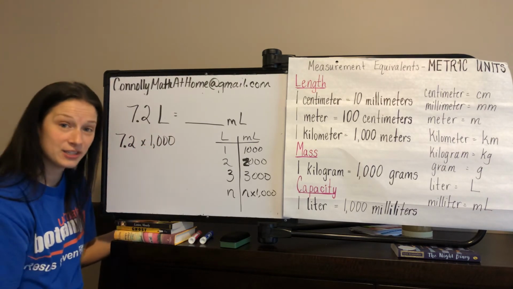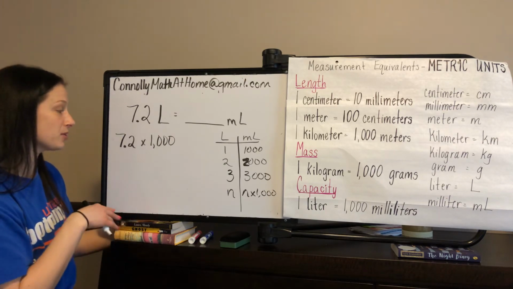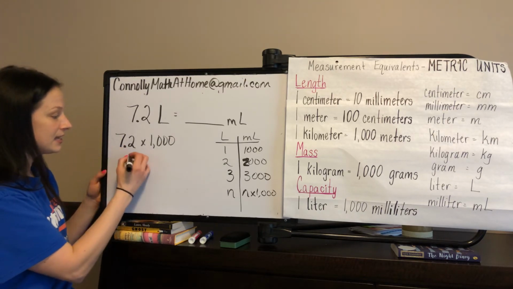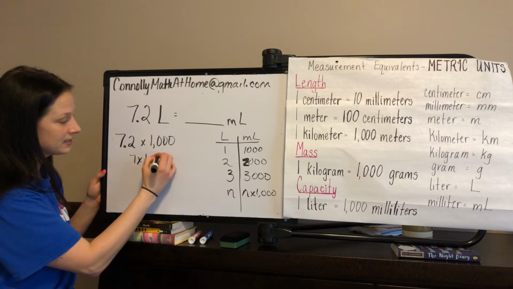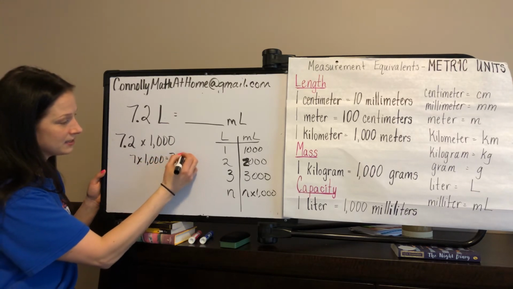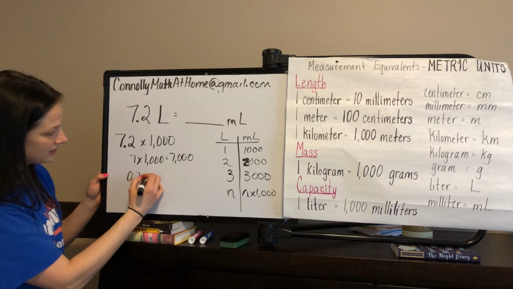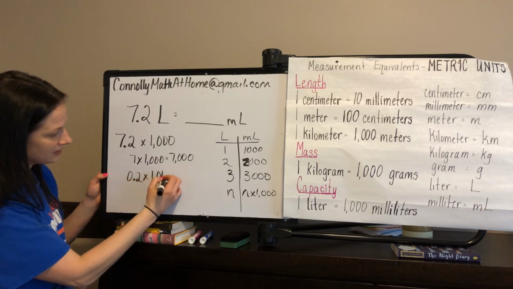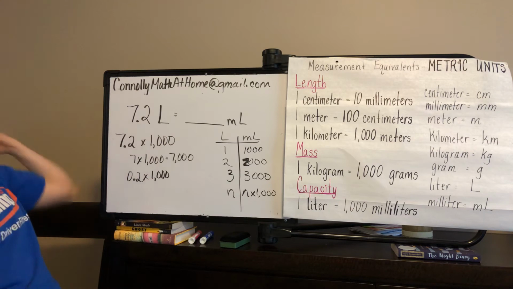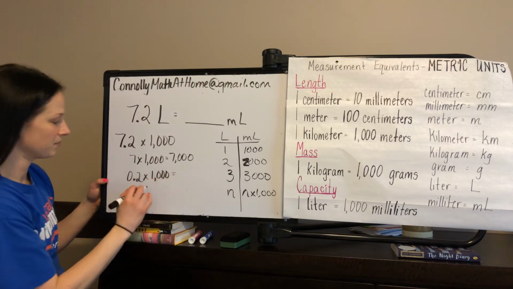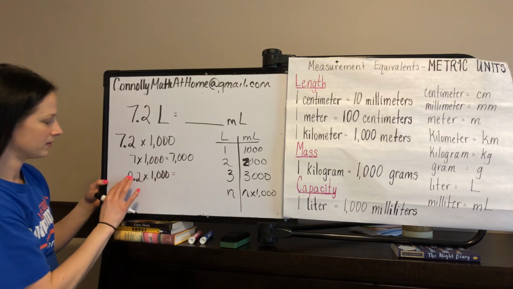So if we wanted to, we could multiply in parts. So I could say 7 times 1,000 is 7,000. 2/10 times 1,000 would be 2,000 tenths, which is the number 200.